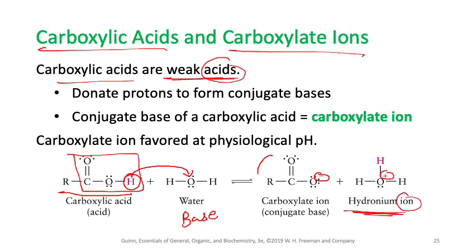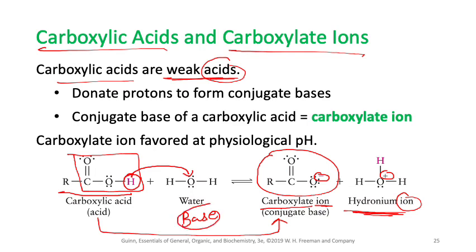The structure we have for the carboxylic acid, after donating the hydrogen, we call a carboxylate ion, and this is the conjugate base of the acid, and the water, which acted as a base, is now a conjugate acid.